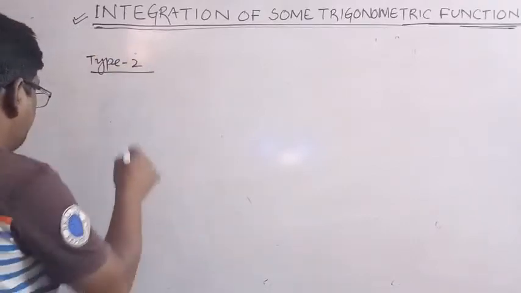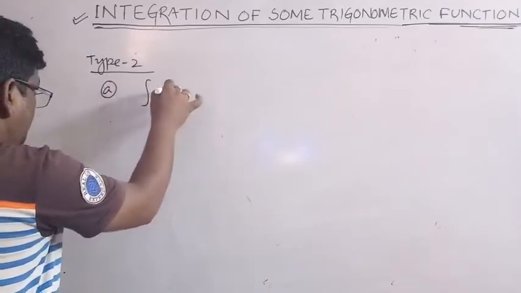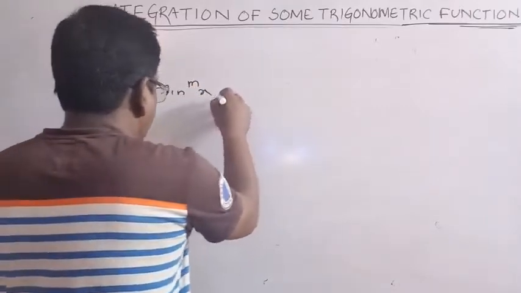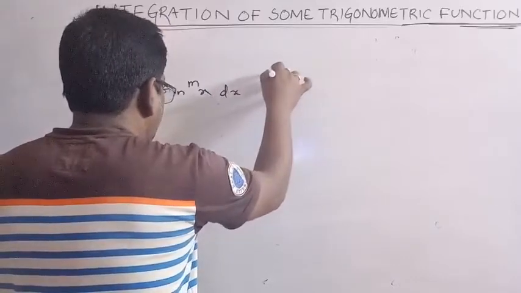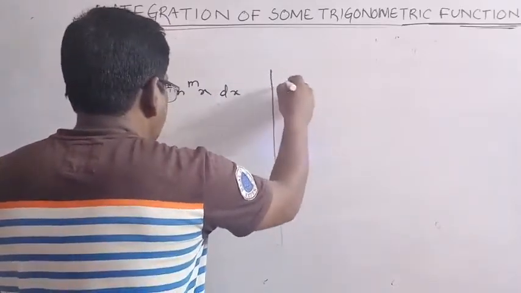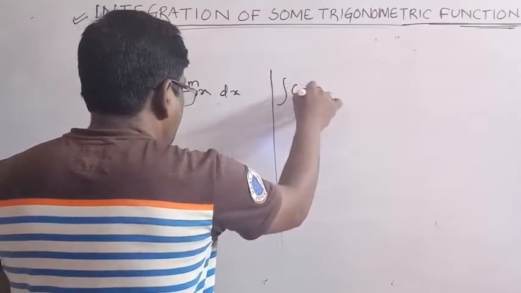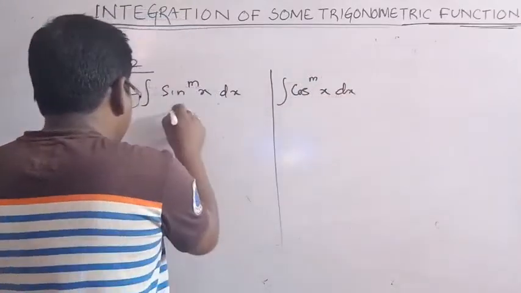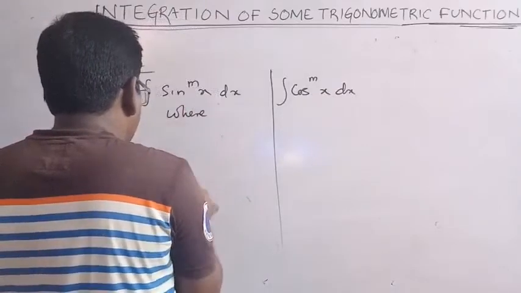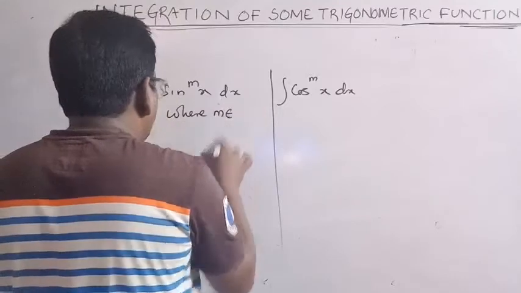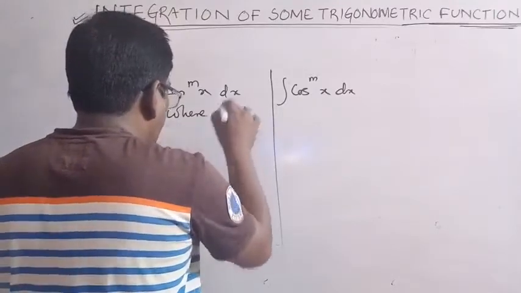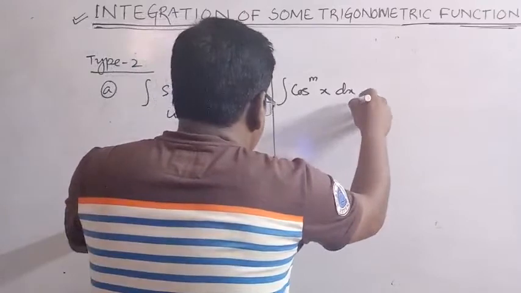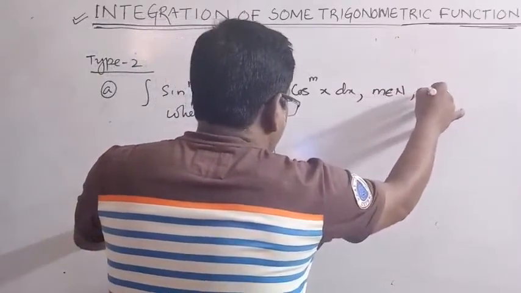First, integration of sin to the power mx dx, and this is integration of cos mx dx, where m belongs to natural number, m greater than 1.